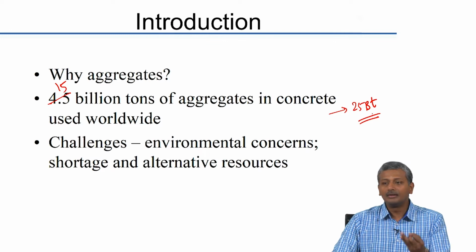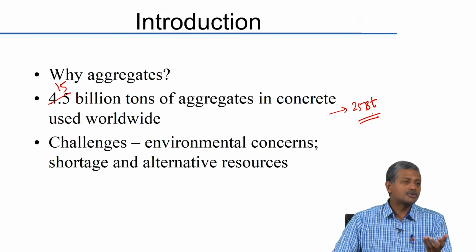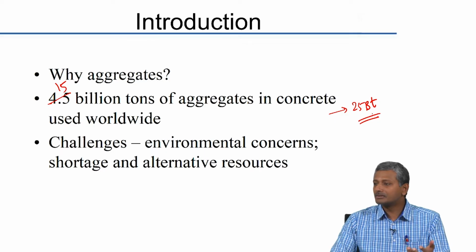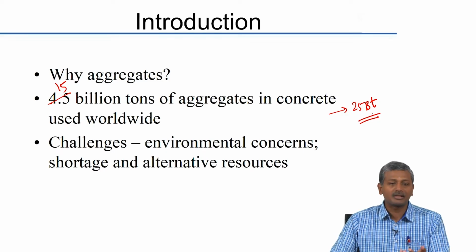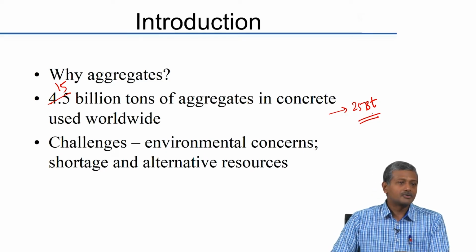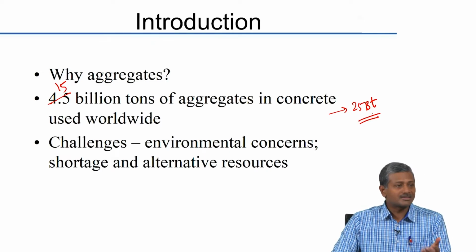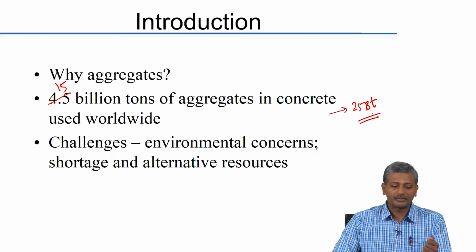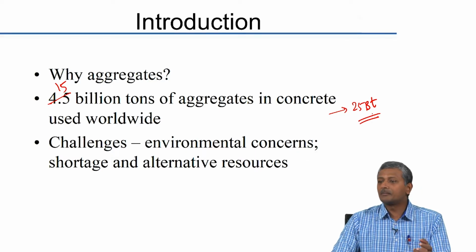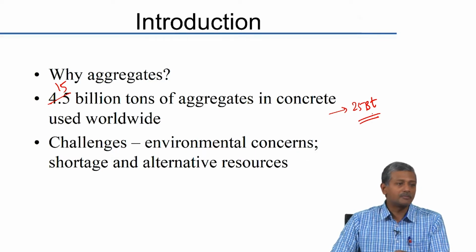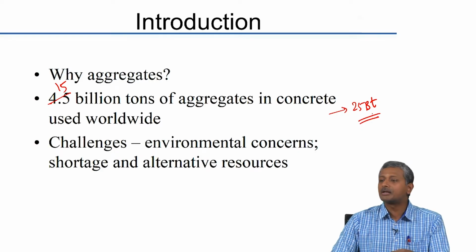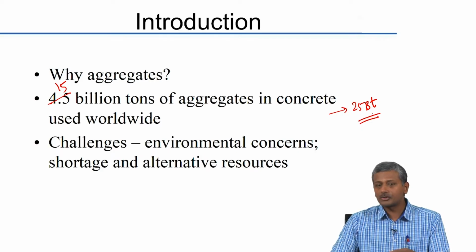Bonding with the aggregate, workability, and of course the compactness of the entire system leads to the strength and durability of the system. Okay. So ultimately we want to maximize aggregate usage in concrete, because of which we need such large quantities around the world. Okay. Now obviously we are mining natural resources, so the major challenge in using aggregate is the environmental concerns. We are depleting natural resources, right?